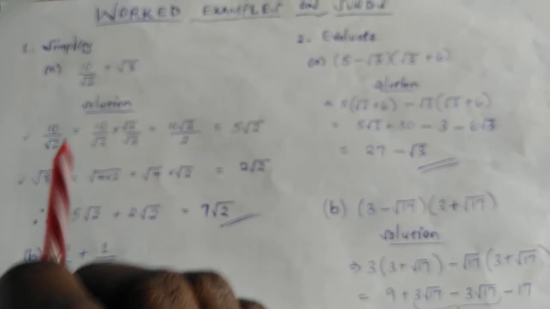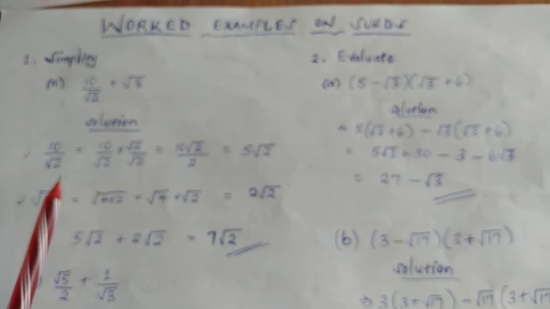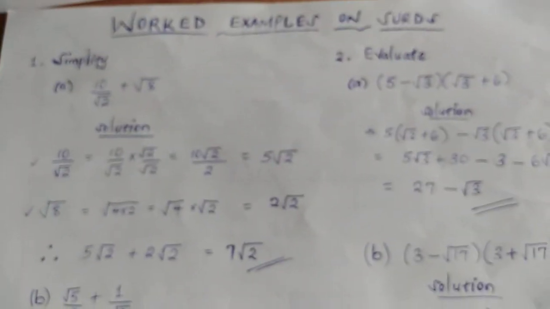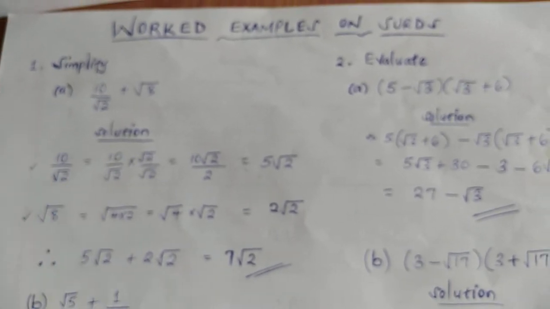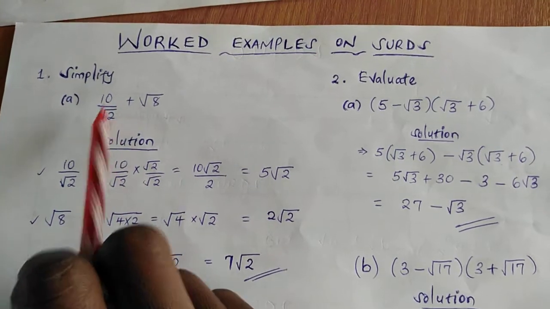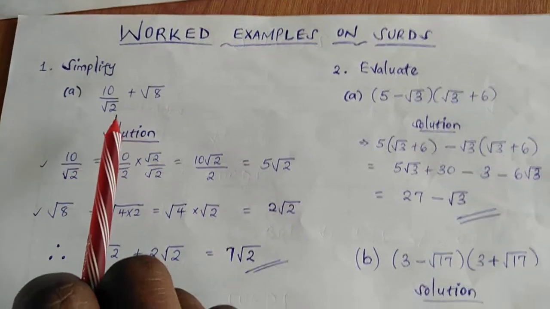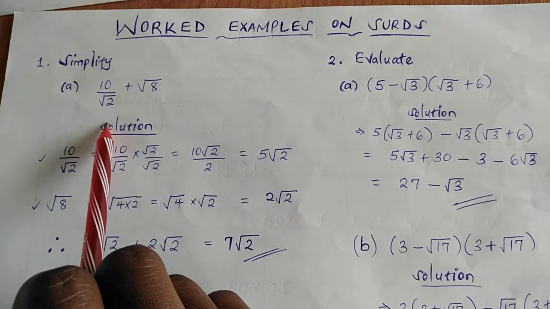The solution is, in order for you to solve such, given 10 over root 2, we have to get rid of the root 2 in the denominator.